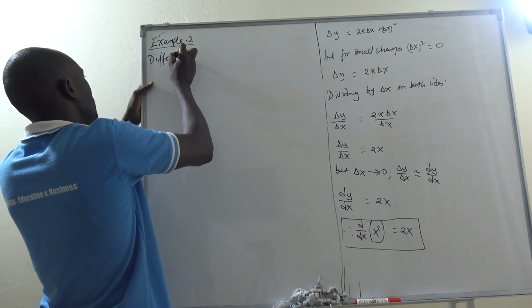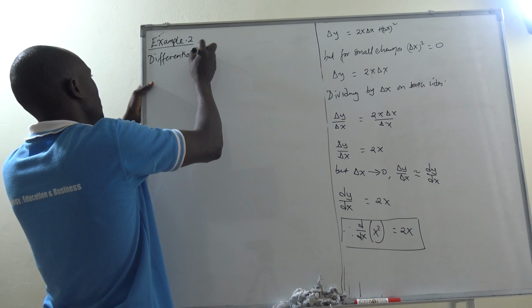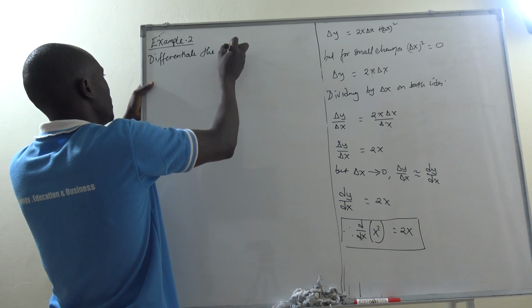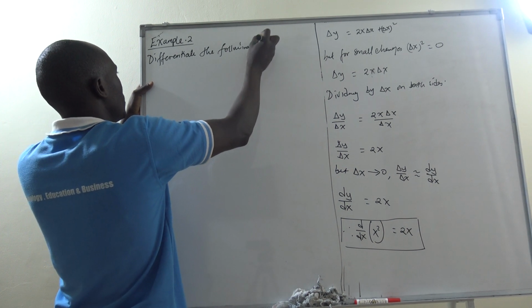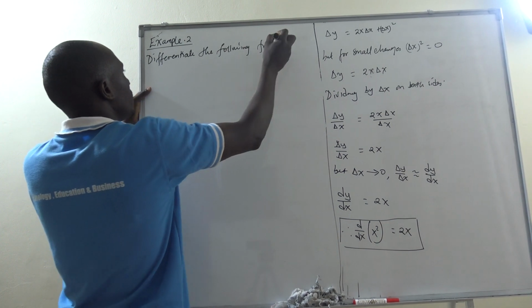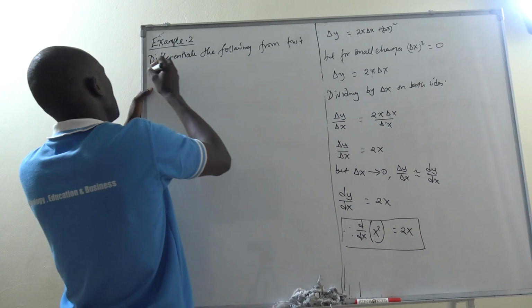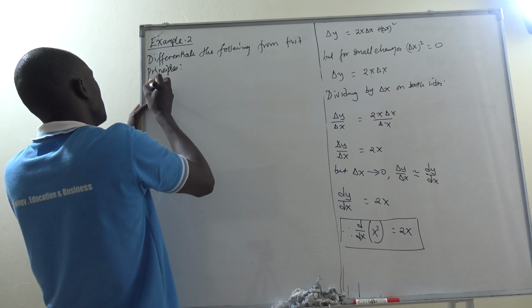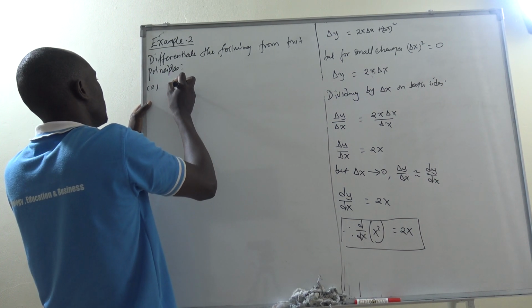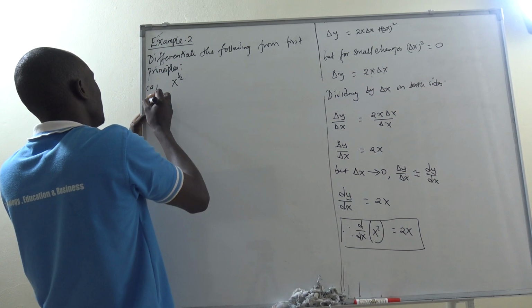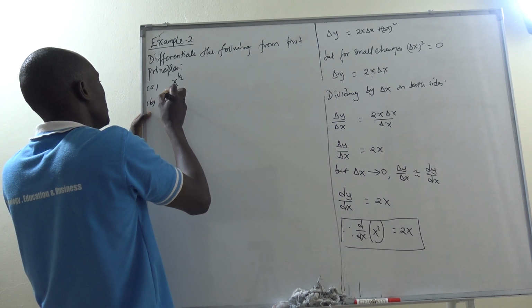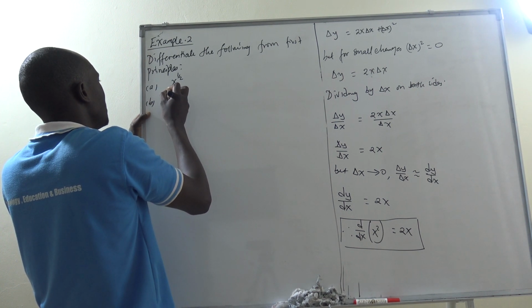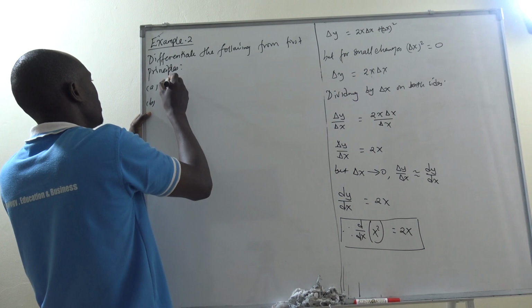Differentiate the following from first principles. Part A, we have x to the power half, which we can just call root x.